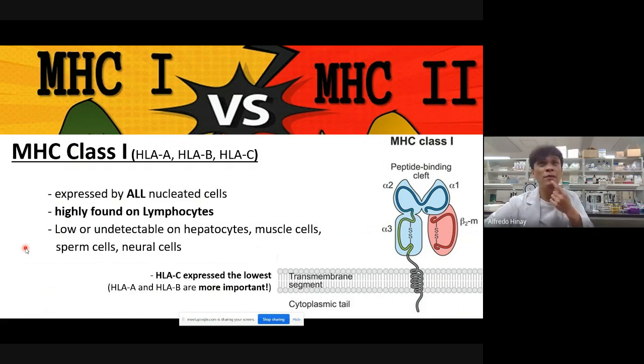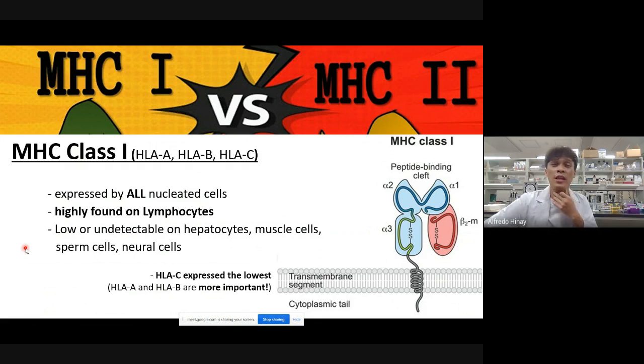So I remember during my college days, class, my teacher usually asked me this question, even during the review. So, expressed by all nucleated cells. The question that usually comes up in hematology class is the RBC, class. Does the RBC have class 1 expression on the cell membrane?